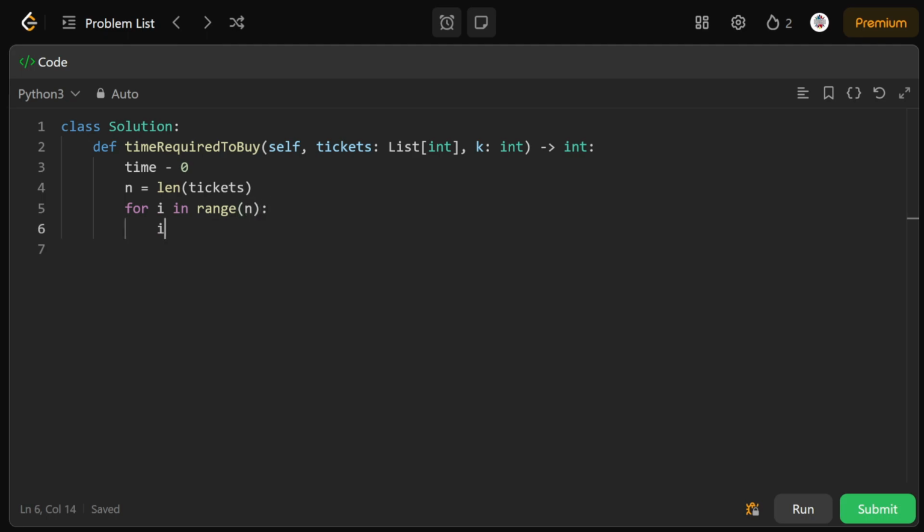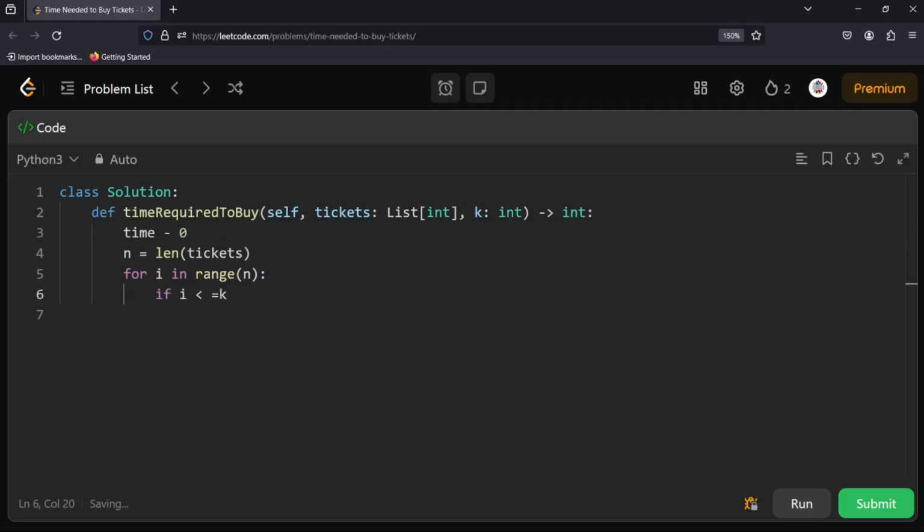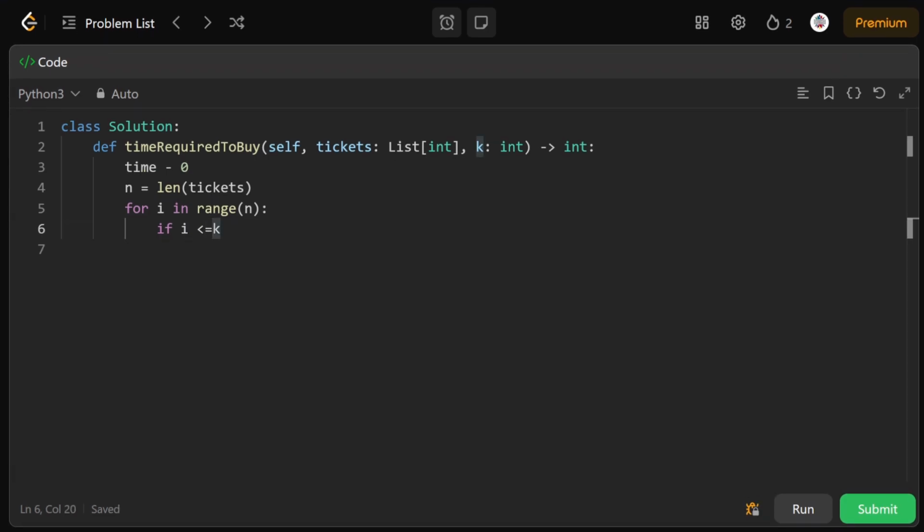If the ith index is less than or equal to the kth position, it means we are standing at some position which is less than or equal to the kth position. The person coming before the kth index or at the kth index can follow my previous approach, the minimum, for a specific person.